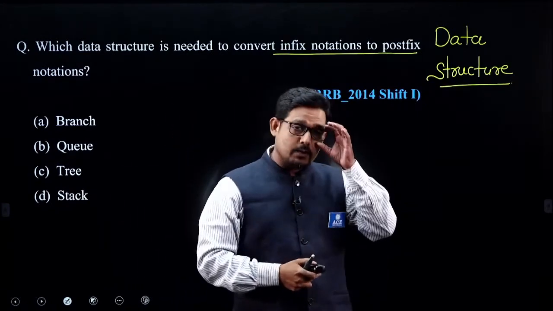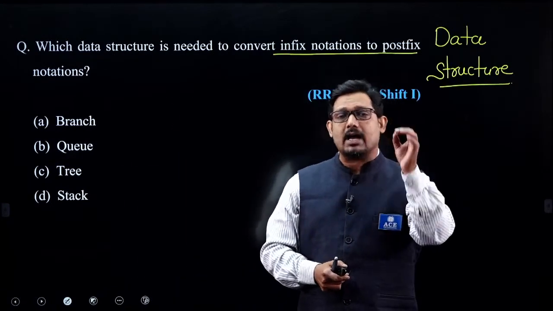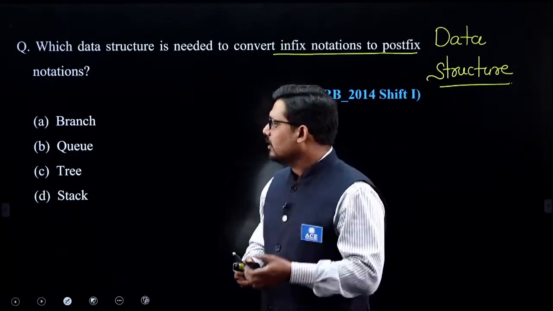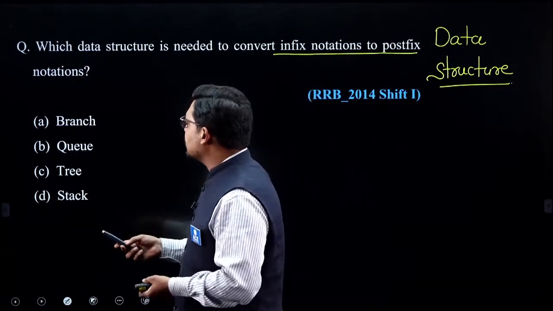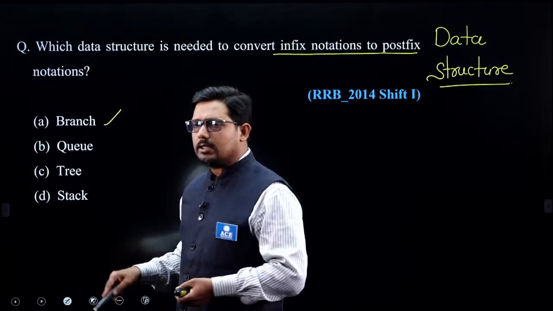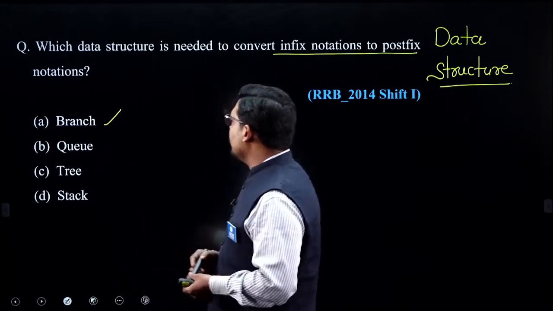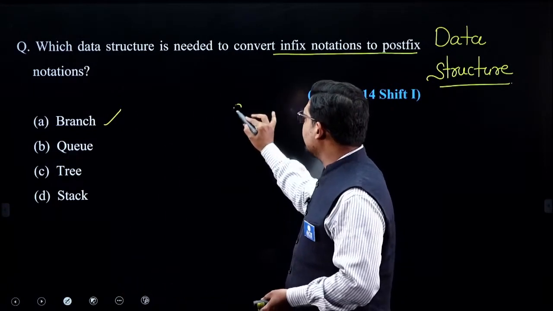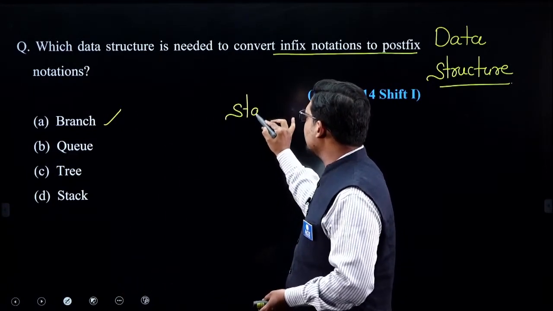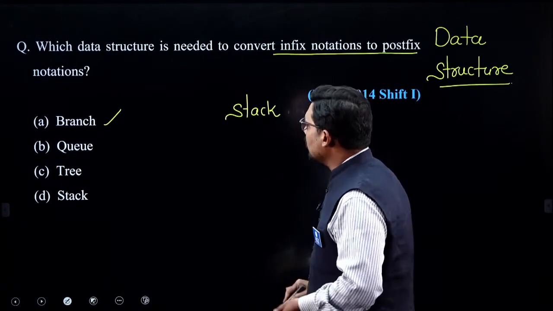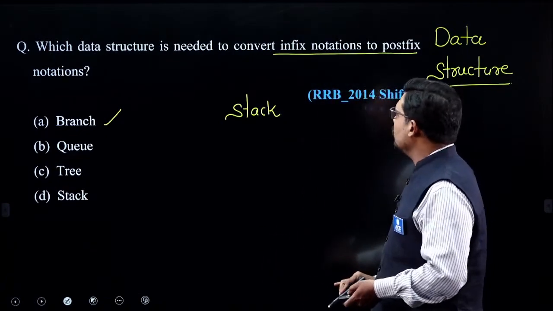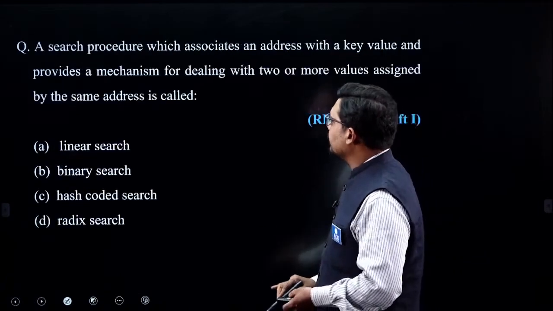Specifically, it is just asking one of the applications of a data structure. A branch, no, there is nothing called branch; queue, tree and stack. In this case, we know that the stack data structure is used for converting infix notation to postfix notation.